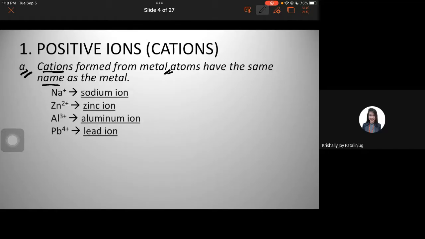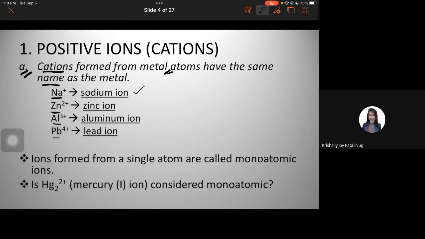Example, the ion form of sodium, which is Na+. If it becomes an ion of sodium, its name is still sodium ion. Zinc, aluminum, lead, and the rest of the metals, when they form cations and carry charges, they just have the same name as their metal. So that's the first type of ions.